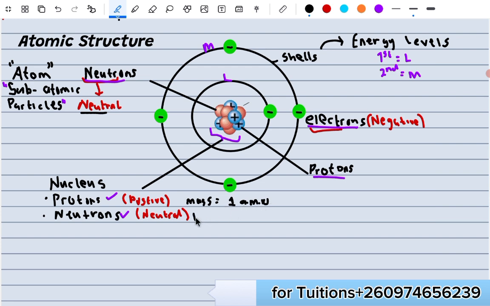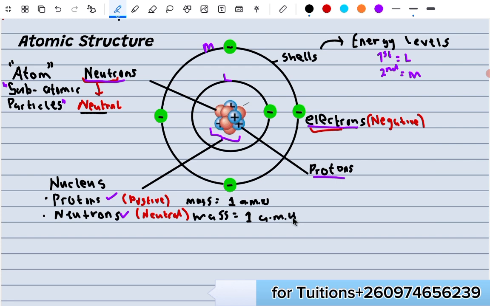The mass for the neutron was also measured scientifically and found to be 1 atomic mass unit.